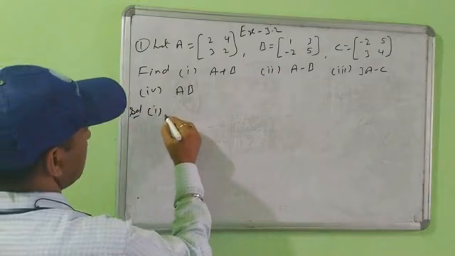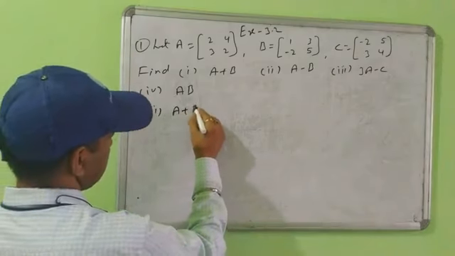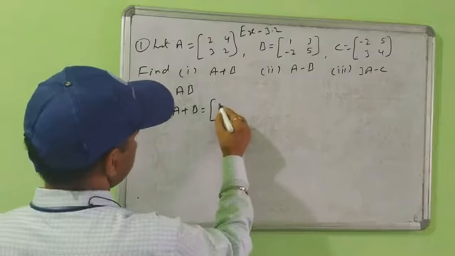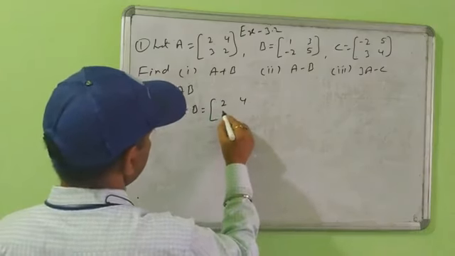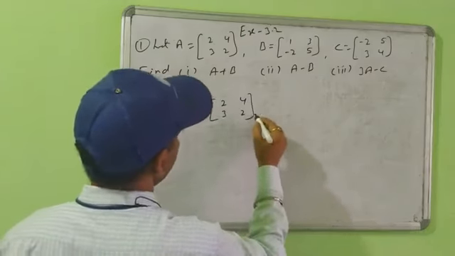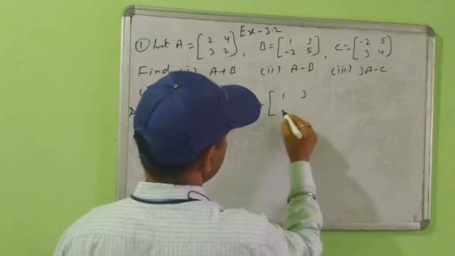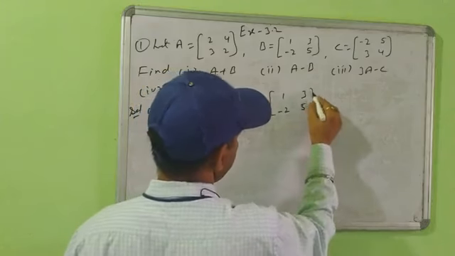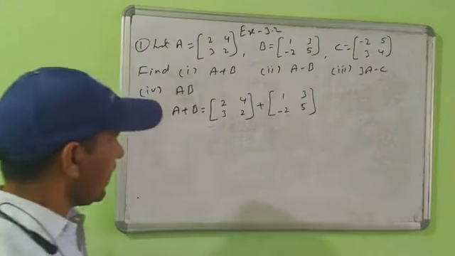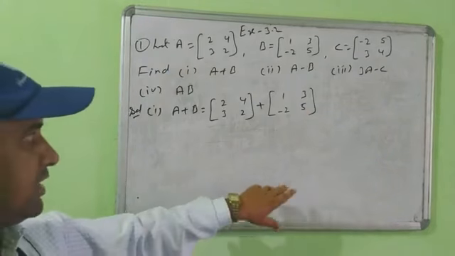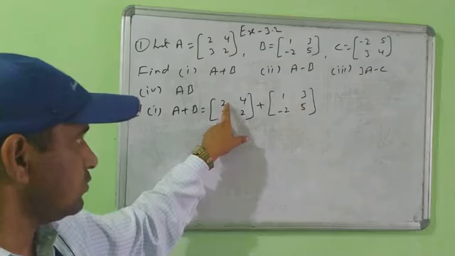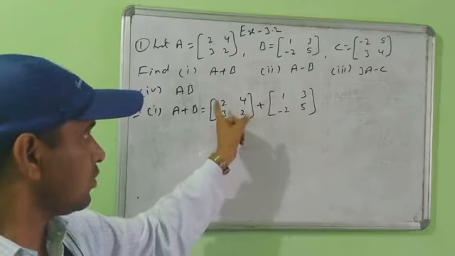First part, matrix A plus matrix B. Then you find 2, 4, 3, 2 plus matrix B, 1, 3, minus 2, 5. Now we will add both matrices. How to add it here? First element to first element, according to corresponding elements.